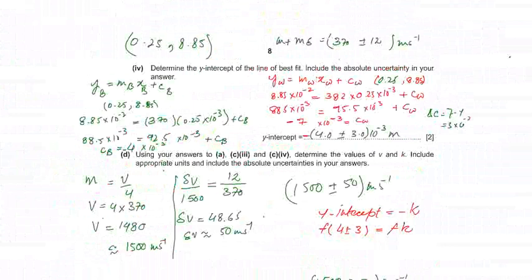The worst line is minus 7 actually. So the difference is 4 minus 7, which is 3. So 4 plus minus 3 would be the y-intercept.